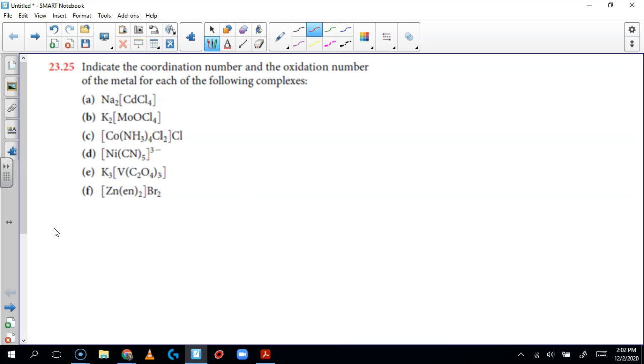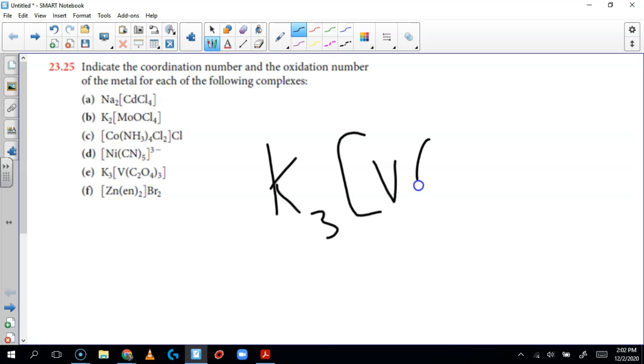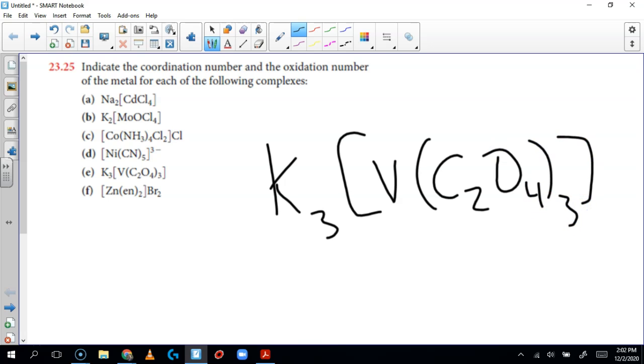So now in part E here, we have potassium, K3, and then the complex ion here is with vanadium and the oxalate ion. Okay, so again, we should be able to split this.